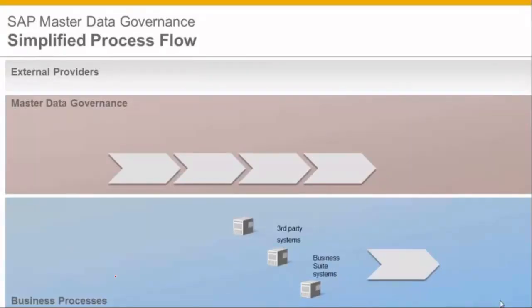So this is the simplified process flow which happens when the customer implements MDG. There are 3 layers. The base layer is the business process layer where your operational systems are available. This might be an SAP ERP system and there are some other third-party systems. We should understand the terminology when we say operational ECC system.